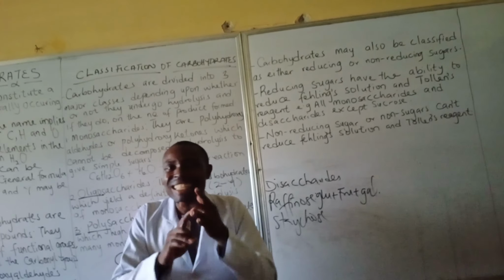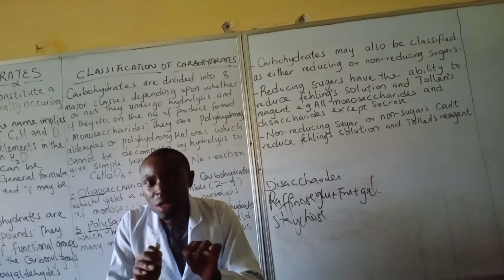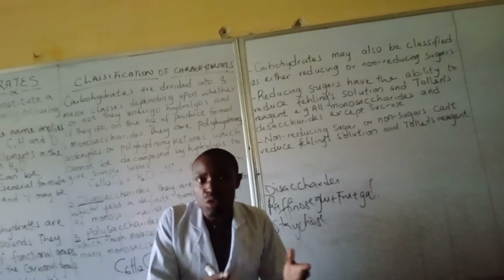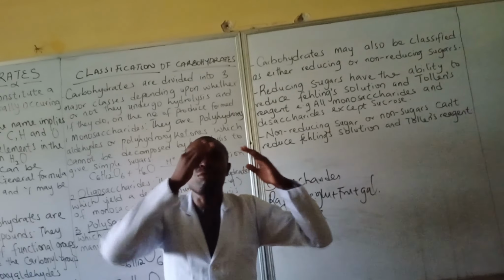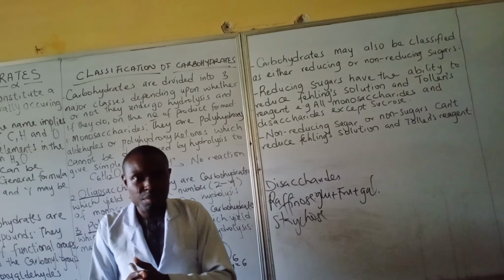Now, what are simple carbohydrates? They are carbohydrates that are crystalline in nature, soluble in water, and have a sweet taste, and they include all monosaccharides and disaccharides, majorly.